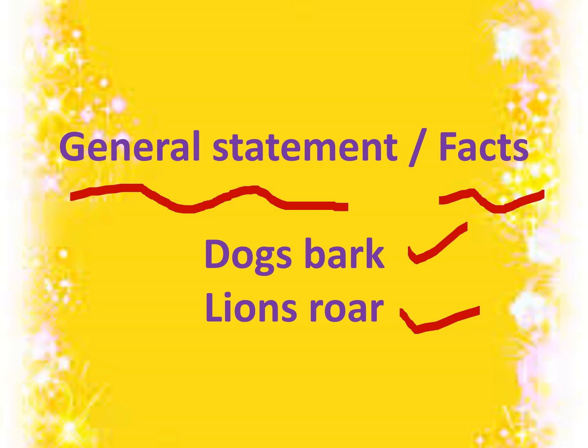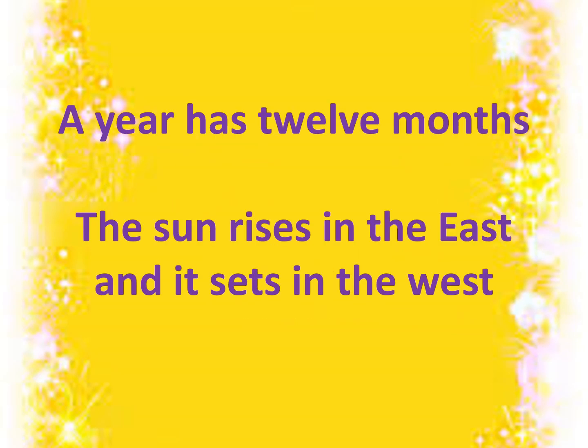Dogs bark, lions roar. A year has 12 months. People know that a year has 12 months. The sun rises in the east and it sets in the west.